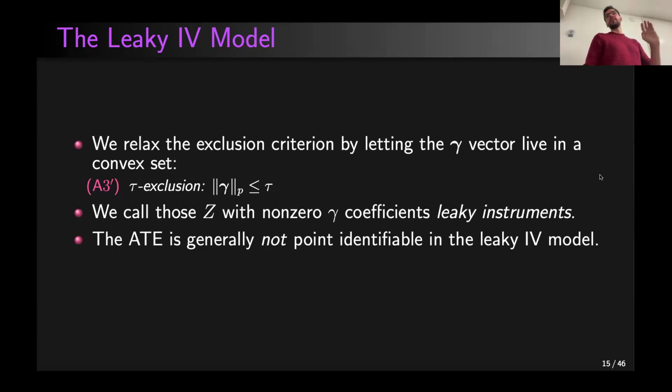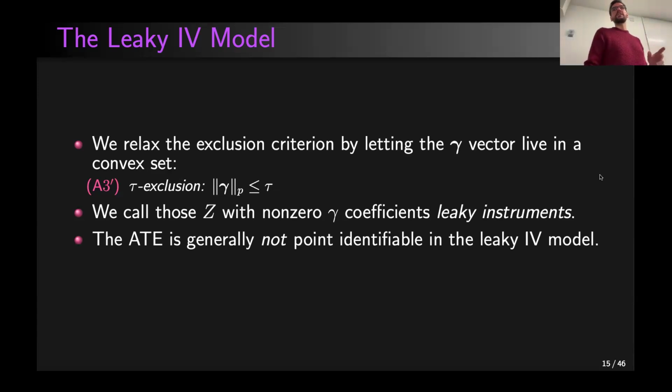So the first thing to flag up front, the ATE is not, in general, going to be point identifiable in this setting. If you've got a non-zero correlation between your residuals and a non-zero gamma vector, then we don't get a point value for theta.